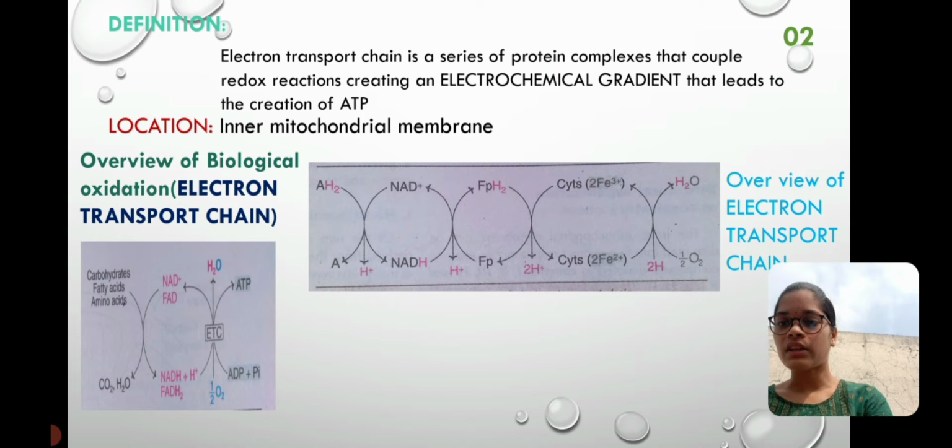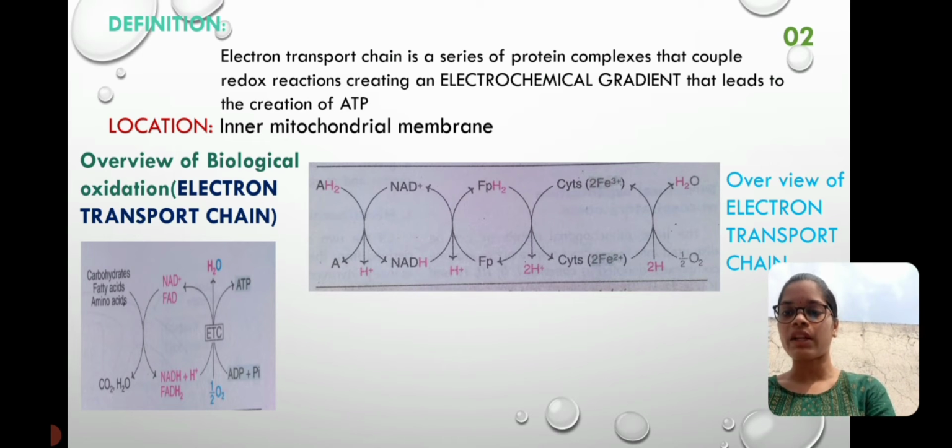Here we can see the first diagram, the overview of biological oxidation, under electron transport chain. As I already said, carbohydrates, fatty acids and amino acids undergo a series of metabolic reactions and finally oxidize to carbon dioxide and water, and during this metabolic reaction some reducing equivalents are formed, which are caught by NAD and FAD and converted into NADH2 and FADH2.